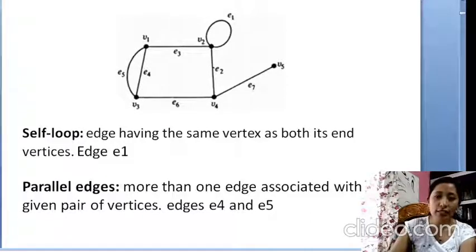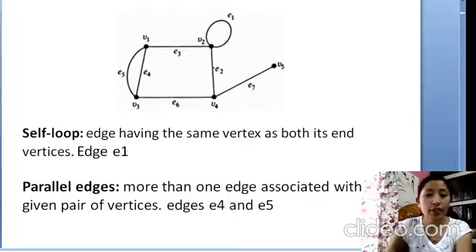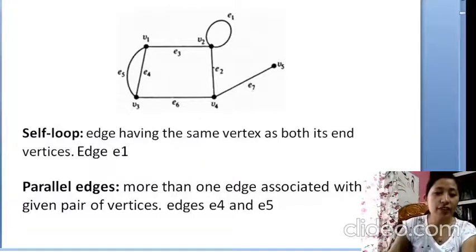This type of edge which has the same starting as well as ending vertex is called a self-loop. There is another type of edge in this graph, that is a parallel edge. A parallel edge is when we have more than one edge having the same starting vertex as well as ending vertex. That is called a parallel edge.